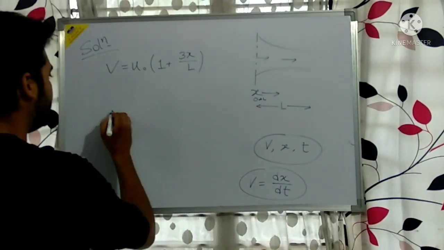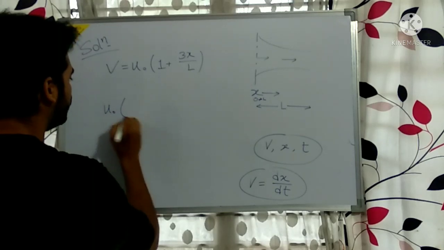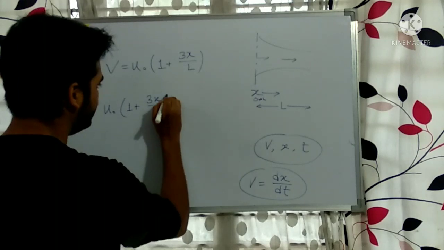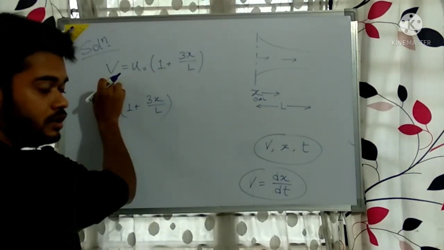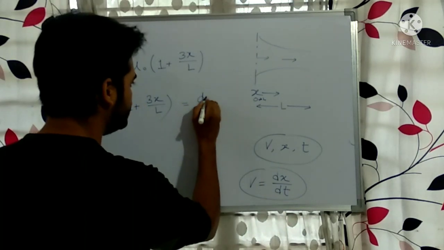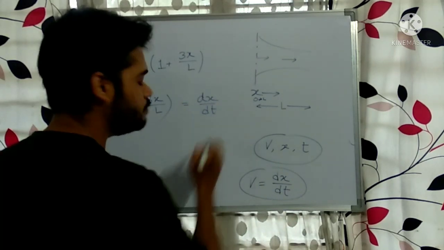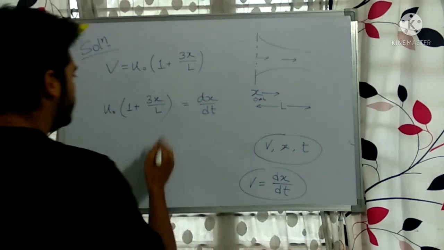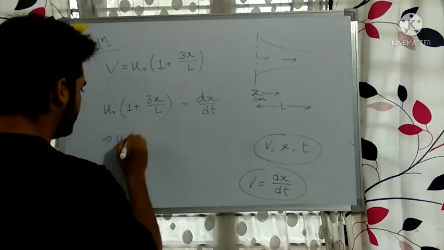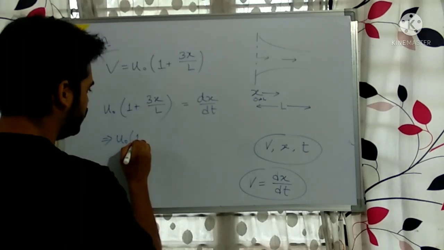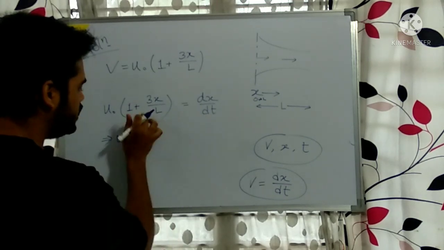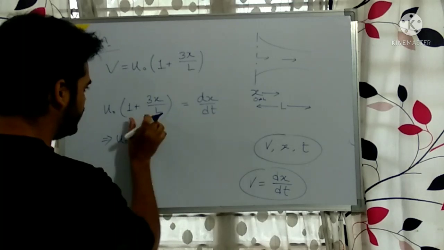Now can we write U naught times (1 plus 3x by L)? This is V, and V is dx by dt, right? Now can we express this equation with U naught dt on the left side?